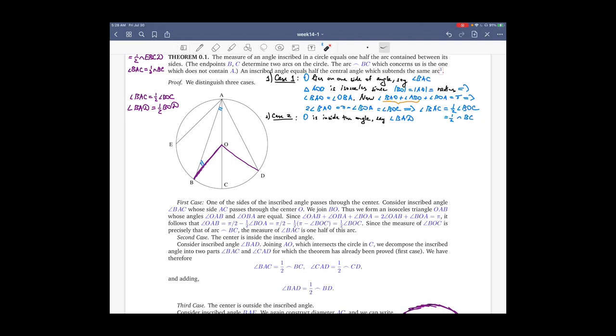We again construct a line joining A and O, and let C be the intersection of that line with the circle, other than A. We know already from the first case that angle BAC is 1/2 the arc BC, and also the angle CAD is 1/2 the arc CD.